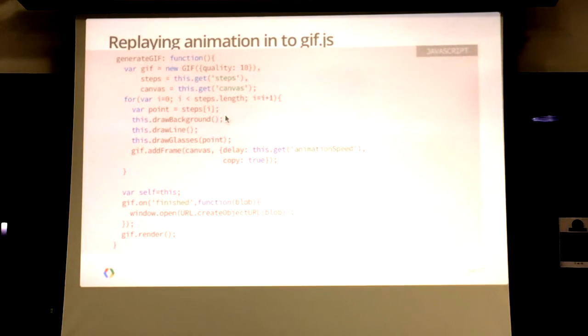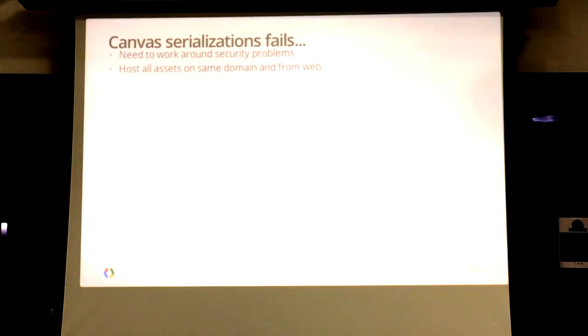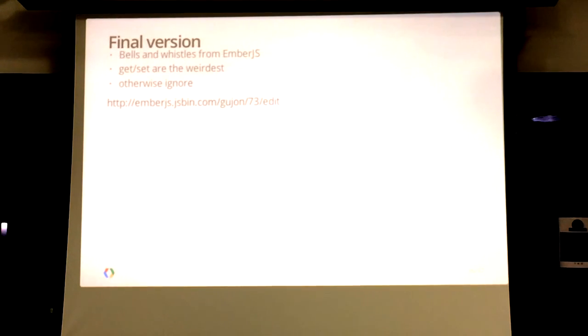So again, you draw the background, you draw a line, you draw the glasses, and then you add it to the GIF, and finally you would render it. So this is what I wanted to get working, but didn't get around to it. Yeah, like I said, serialization fails, all kinds of fun stuff.